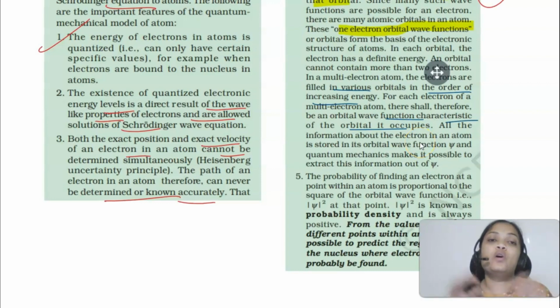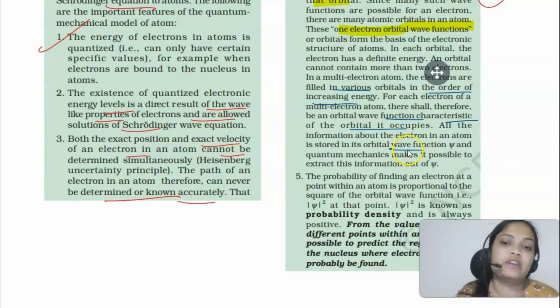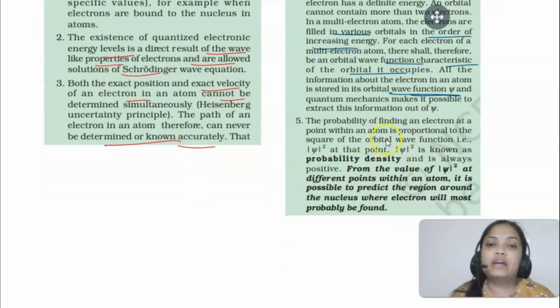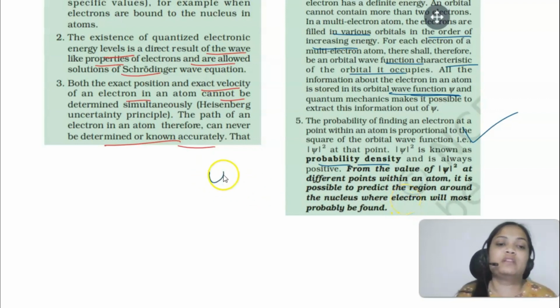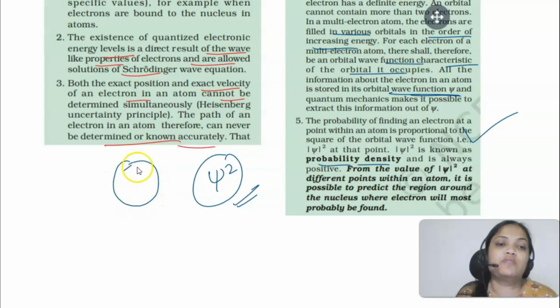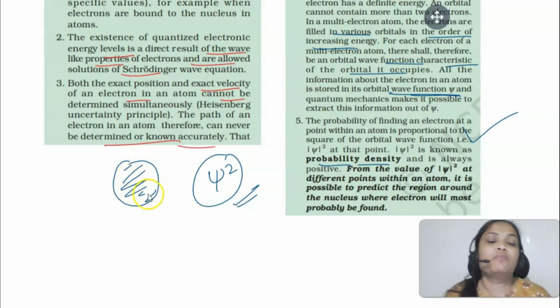All the information about the electron will be stored in its orbital wave function psi. And I told you that the probability of finding the electron is given by psi square, which is called the probability density. So from the values of psi square, we can easily find out the region around the nucleus where the electrons will be most probably found.